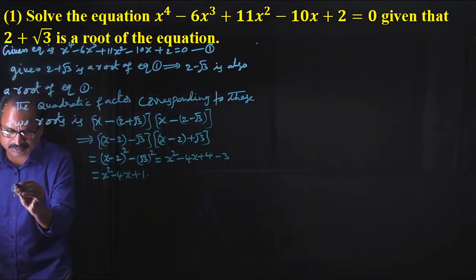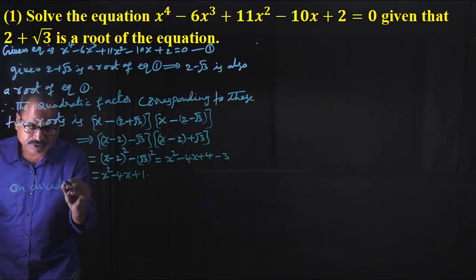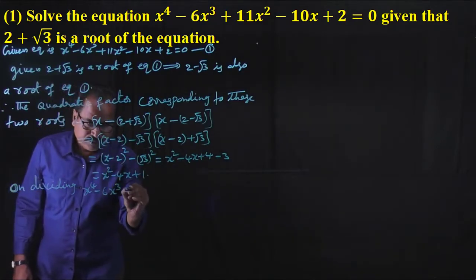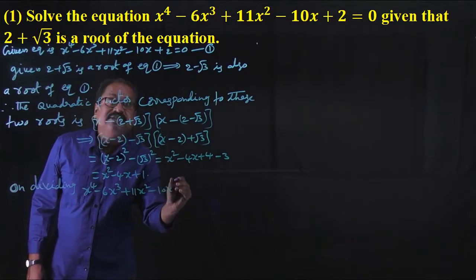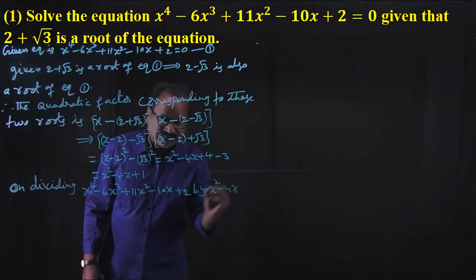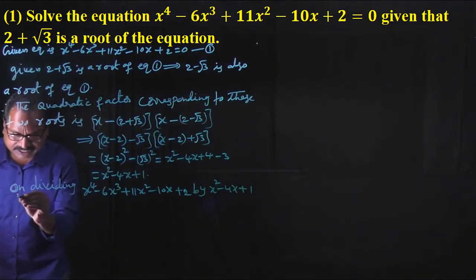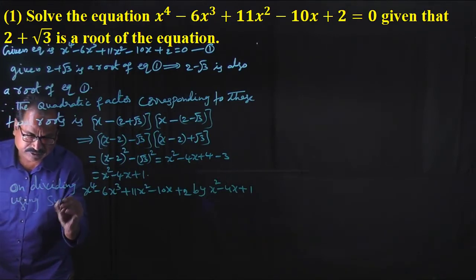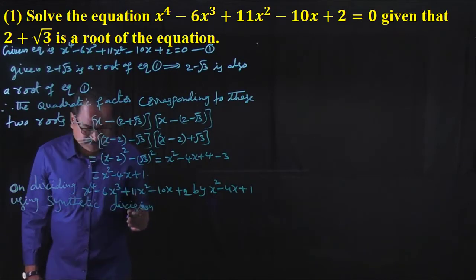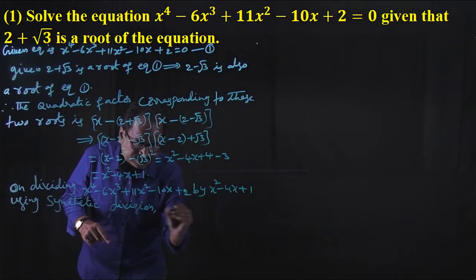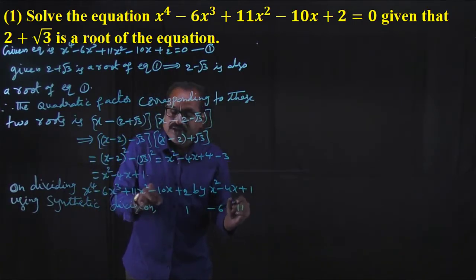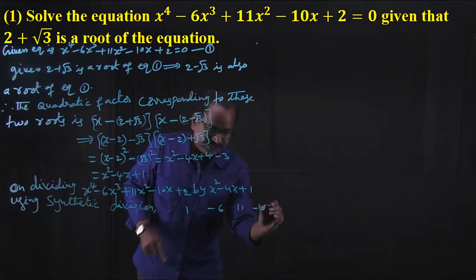On dividing x power 4 minus 6x cube plus 11x square minus 10x plus 2 by x square minus 4x plus 1, using synthetic division, the coefficient of x power 4 is 1, coefficient of x cube is minus 6, coefficient of x square is 11, coefficient of x is minus 10, constant is 2.